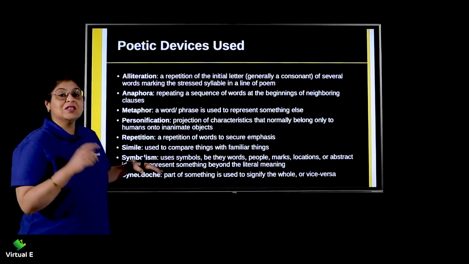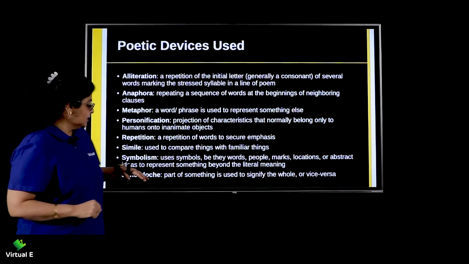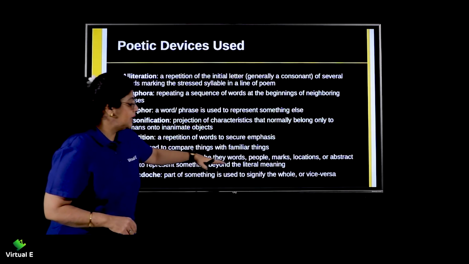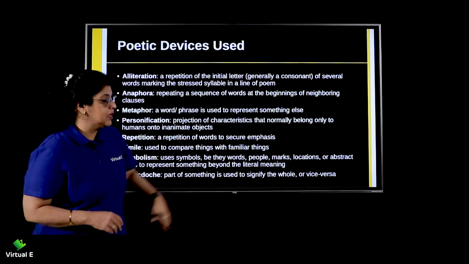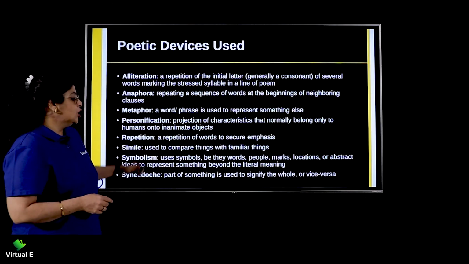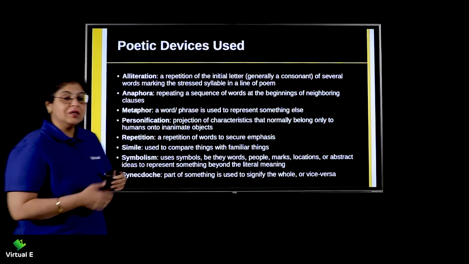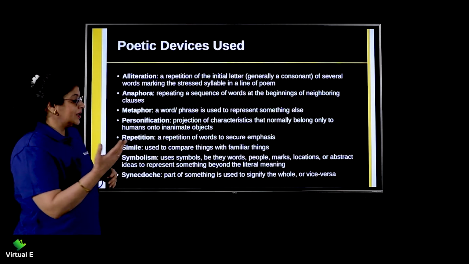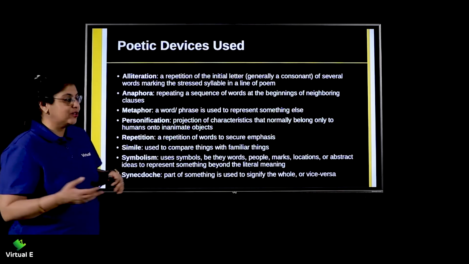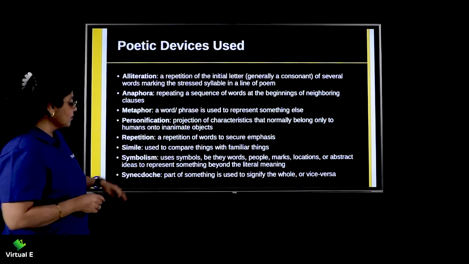Here you will always find the words like or as to show the comparison. Then you have symbolism. It uses symbols, be they words, people, marks, locations, or abstract ideas to represent something beyond the literal meaning. So here they use symbols. They can be in the form of words, maybe people, maybe marks, locations, any of that, or maybe even an abstract idea.